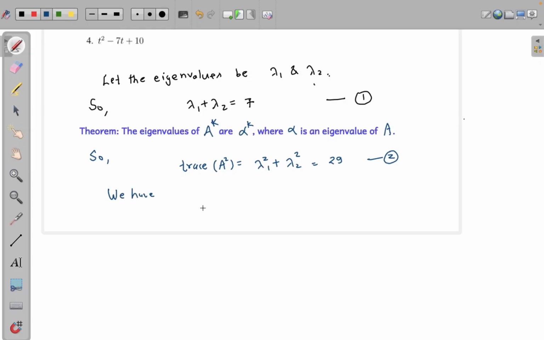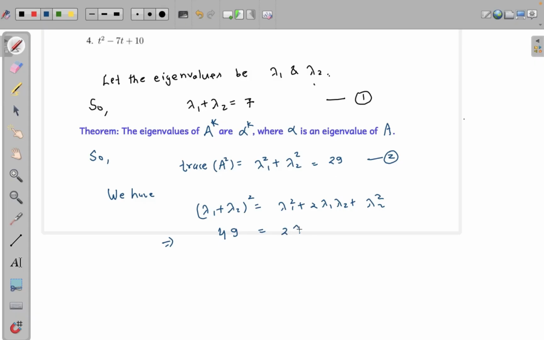We have lambda 1 plus lambda 2 whole square is equal to lambda 1 square plus 2 lambda 1 lambda 2 plus lambda 2 square. Okay, so the left hand side will be 7 square, that means 49, equal to 2 lambda 1 lambda 2 plus 29, since lambda 1 square plus lambda 2 square is 29.